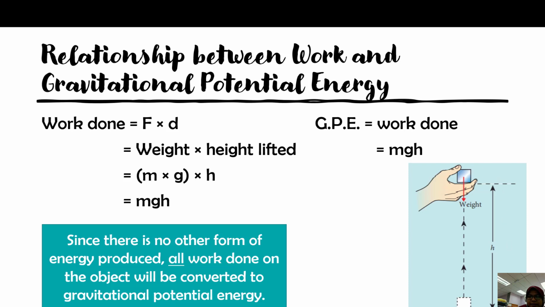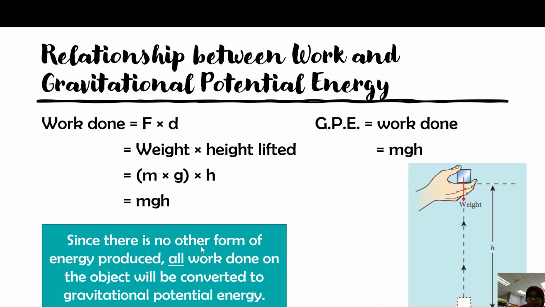Now look at this diagram. A person is lifting an object. So the object is at a new position here, which is h meters from the ground.